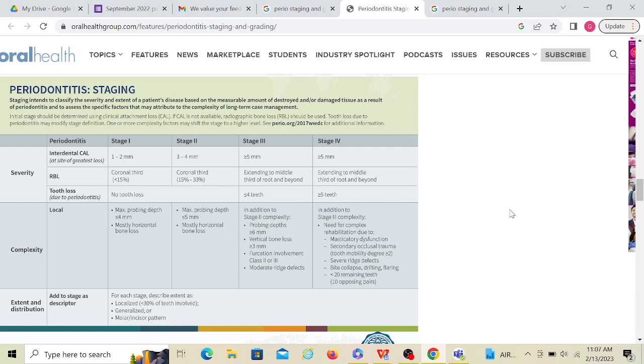I do understand we all have studied the basic perio textbooks, in which we studied the basic classifications as generalized chronic gingivitis or periodontitis, or aggressive, or moderate.